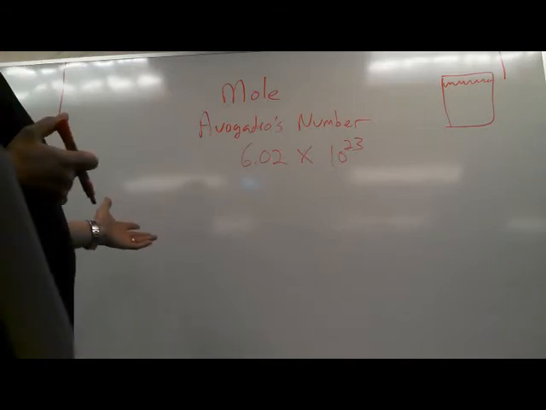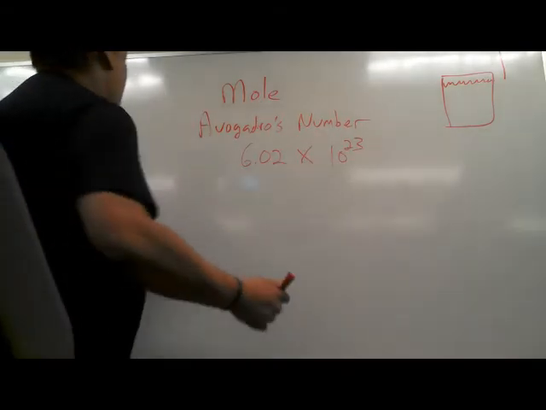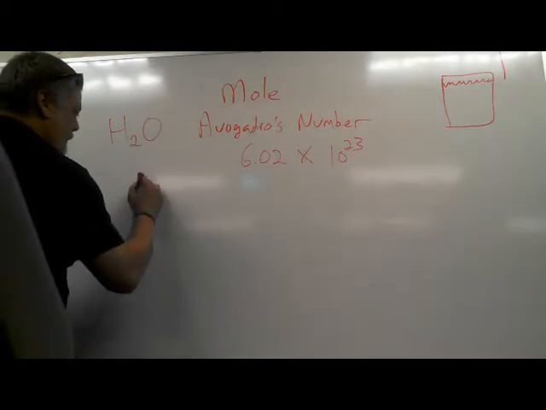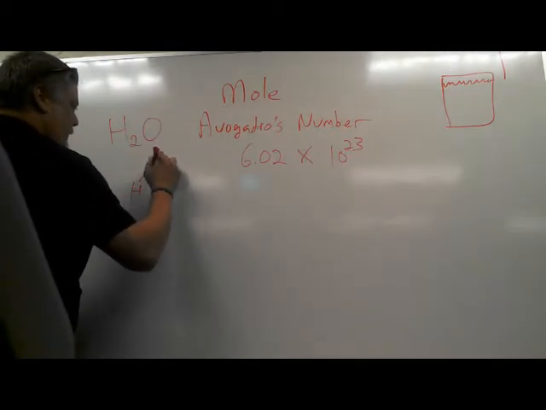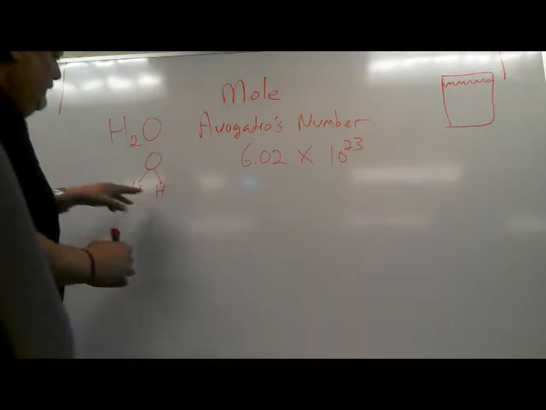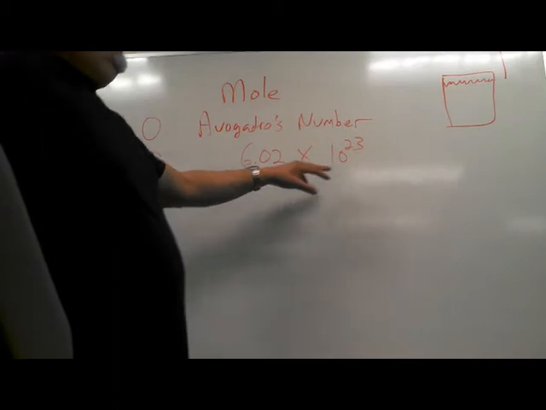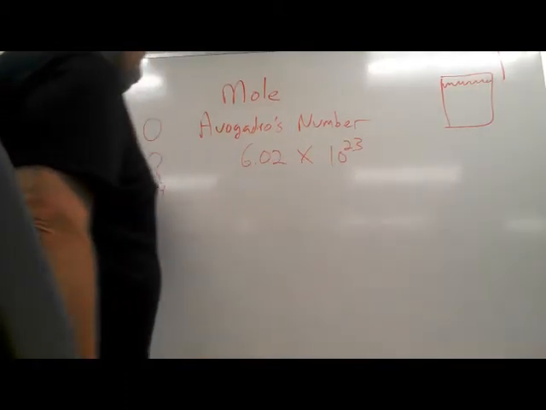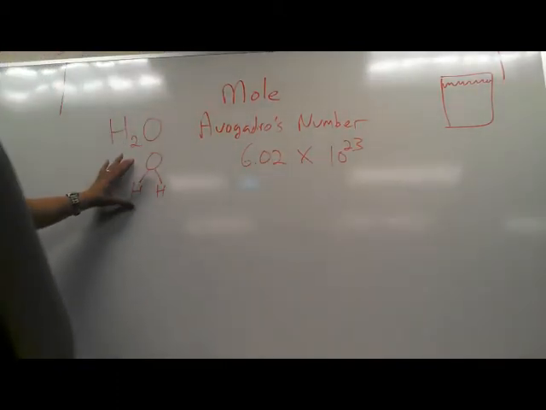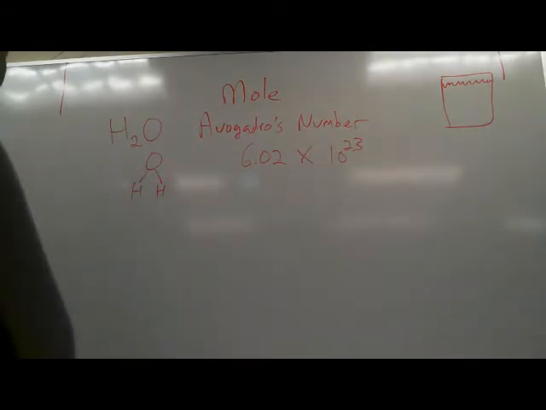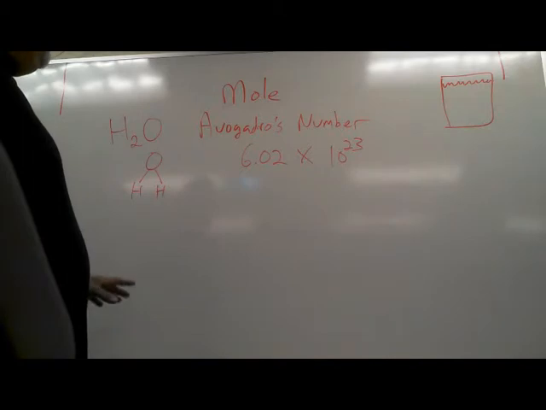But believe it or not, let's take H2O, water molecule, right? We've all seen this diagram. One molecule of water. 6.02 times 10 to the 23rd molecules of water would be about maybe an ounce, you know, a couple of sips.